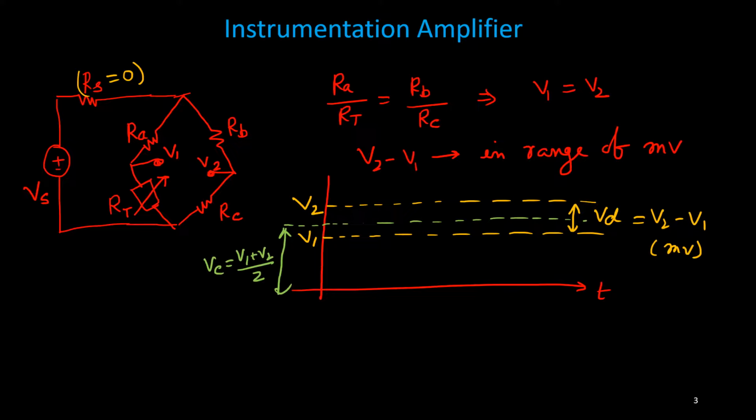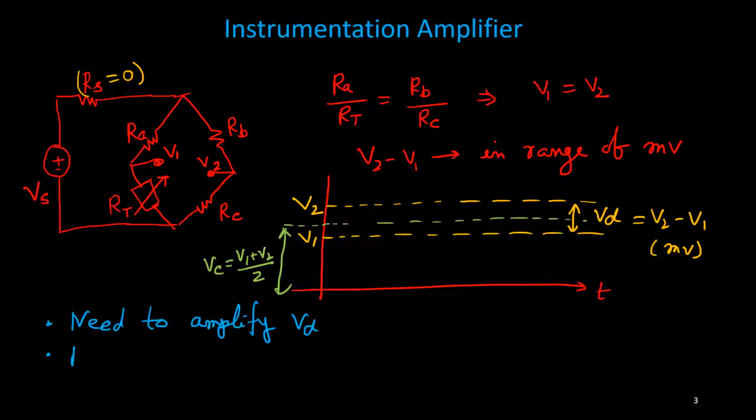So what is the requirement? The requirement is that we need to amplify Vd. Because it is in the millivolt range, it should be amplified to some range in terms of volts. And the next one is that we want to suppress or eliminate the Vc component.